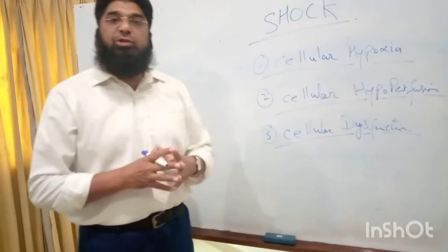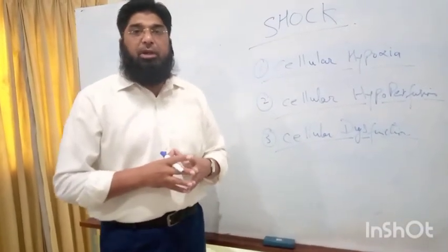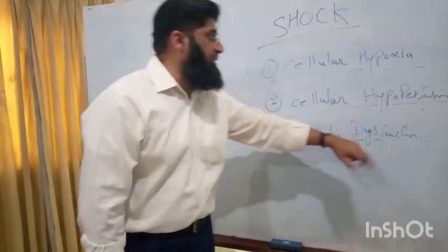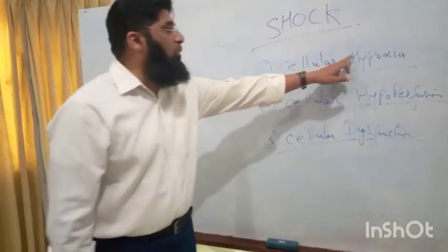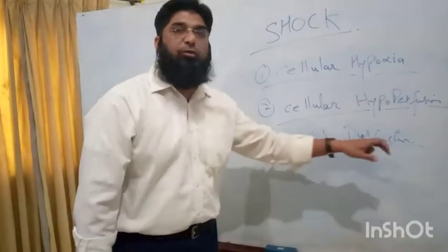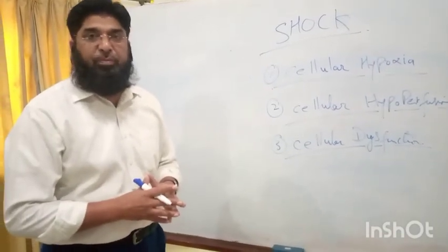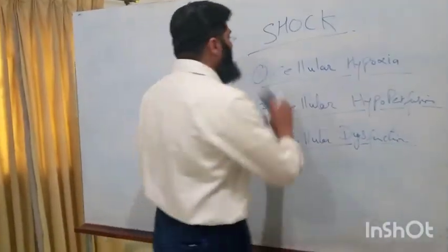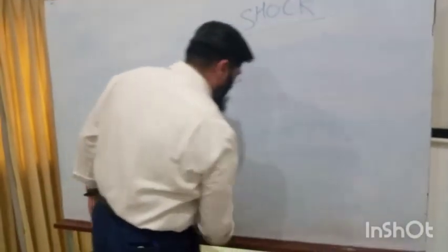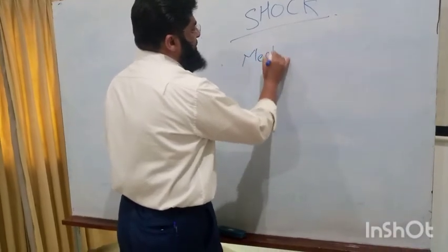Cells and tissues are not adequately supplied with blood. And number third, cellular dysfunction. As a result of hypoxia and hypoperfusion, there is loss of normal functions at the cellular level. Okay, now we discuss the mechanism of shock in detail. You can say pathophysiology or mechanism of shock.